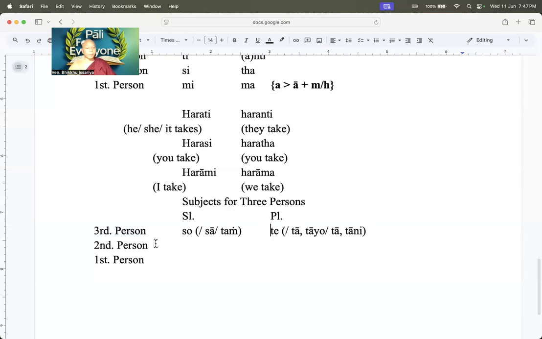But for the first person and second person, in English also, to men, also you, to a woman also you, in Pali also just the same. So you singular is tvam. You plural is tumhe. Okay.